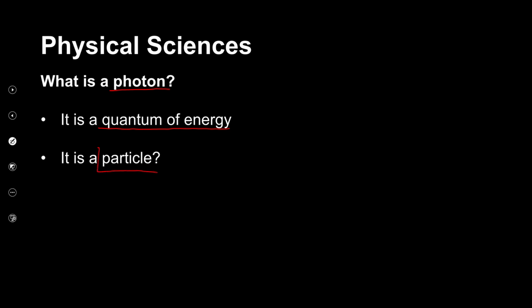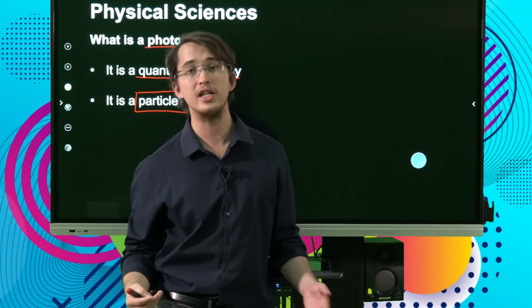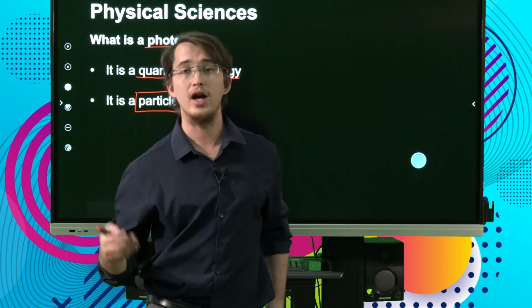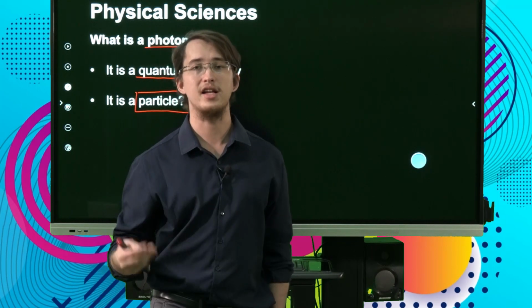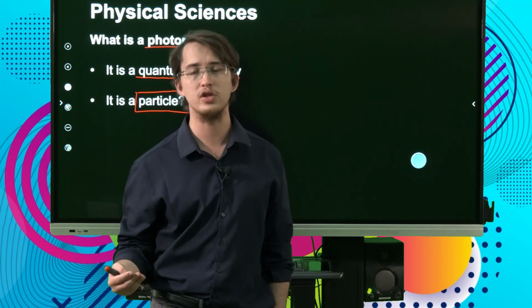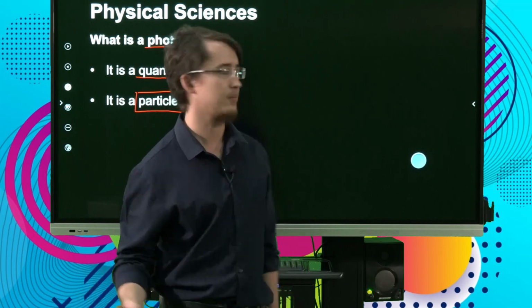If it's a packet, does it behave like a particle? Well, this question has come up a few times already in our investigation into electromagnetic radiation. So now we need to unpack this idea further in terms of what a photon is, to see if we can work out whether it is a particle or does it behave more like a wave.